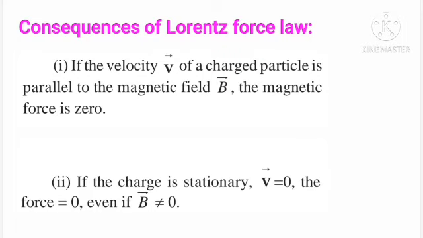Similarly, the second consequence is that if the charge is stationary, which means not moving, then velocity is equal to zero, and then the magnetic force is also equal to zero, even if the magnetic field present is non-zero. So these are the interesting consequences of the Lorentz force law.